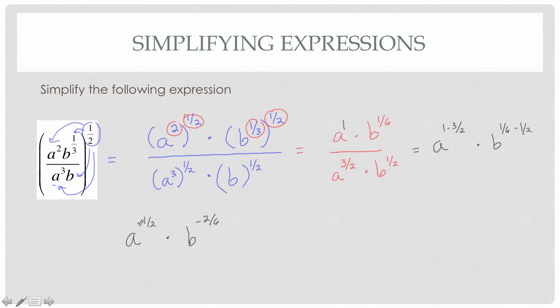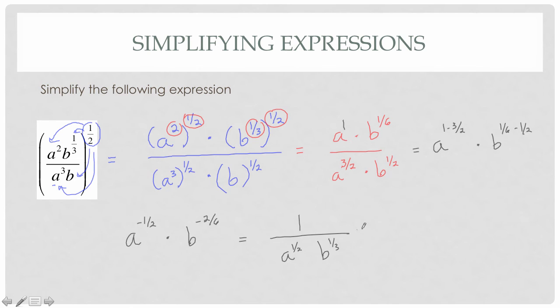With my negative exponents, I can rewrite them as positive exponents by putting them in the denominator. So a to the negative 1/2 becomes 1 divided by a to the positive 1/2. It's the opposite of multiplying is dividing. And then for my b, I'm going to change 2/6 into 1/3, simplify it down.